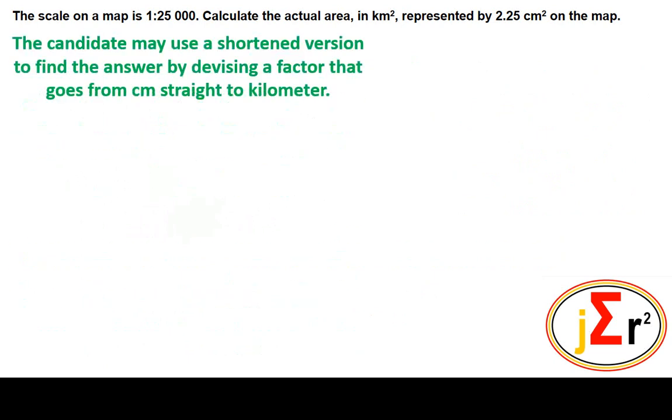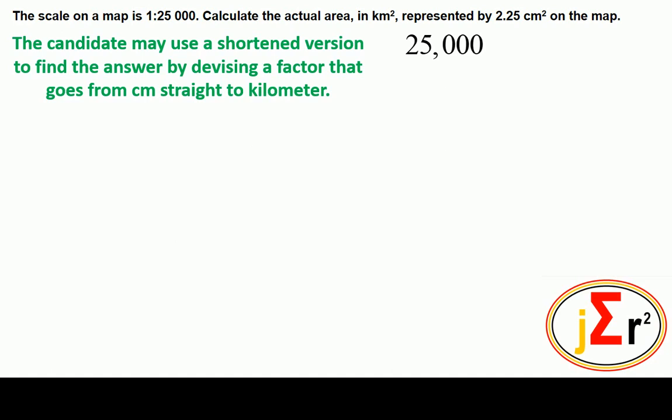A candidate may use a shortened version to find the answer by devising a factor that goes from centimeter straight to kilometer. We will take 25,000 that we have here as the multiplying factor, and do not forget that by so doing, if we use it as a multiplying factor, the result is going to give our answer in centimeters also.